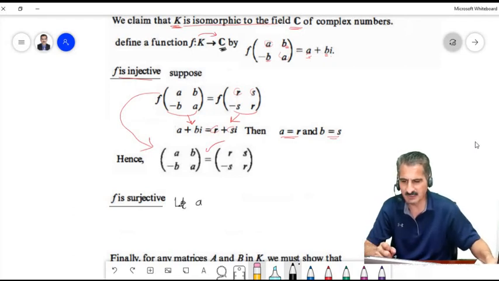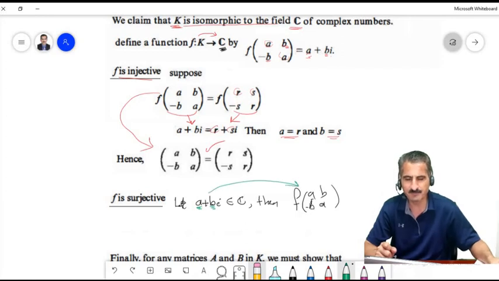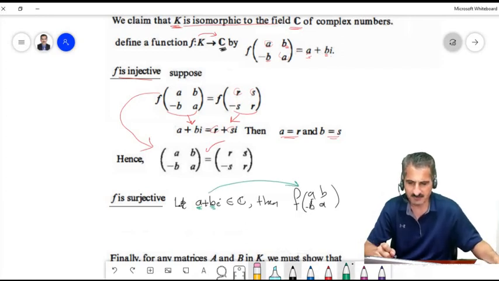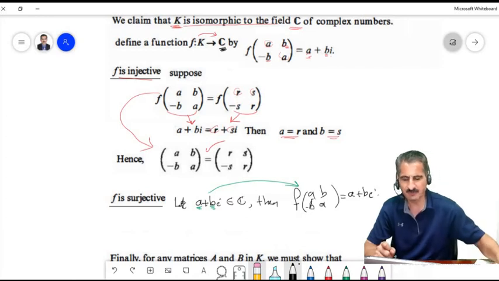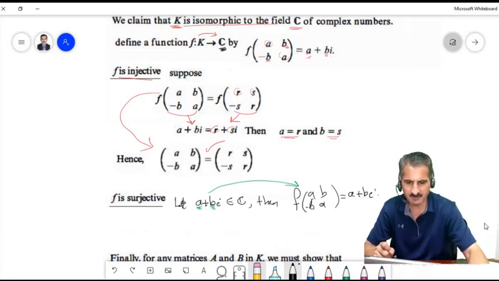Let A plus BI belong to C. Then simply the image of the matrix, so choose this A, B, negative B. So we are using the real numbers that come inside that complex number, and simply this will give us back the complex number we started with. So it is direct or obvious to see F is surjective.